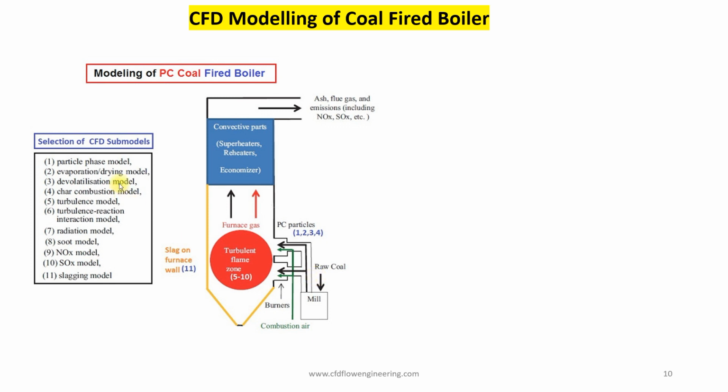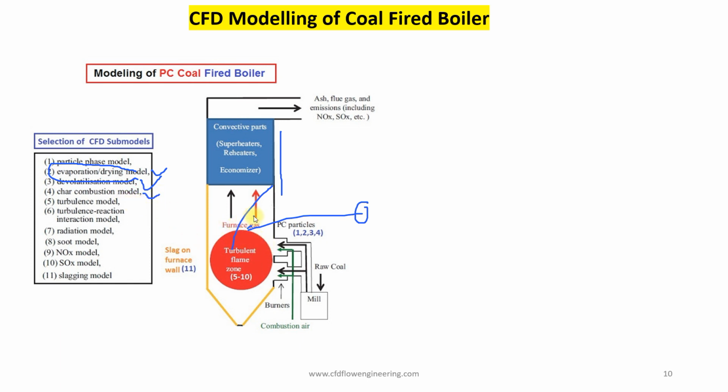If you use coal, then you have to use a particle phase model. If you are heating the water in a water tube, we need an evaporation model. There is also evaporation and drying of the coal in the furnace. And there is also devolatilization of coal, char combustion.